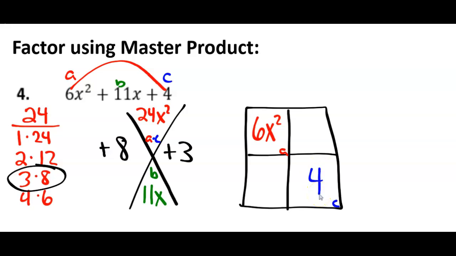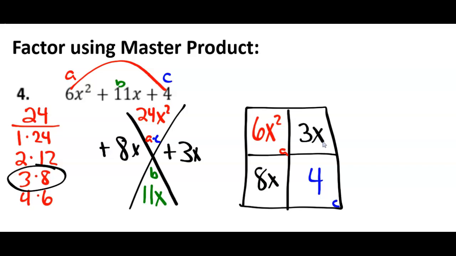Now, on my diagonal here, I'm going to put these numbers. Oh, I forgot my x's on here. So I'm going to have 8x here and 3x here. If you put your 3x down here and your 8x down here, that's okay. All that matters is that we have them diagonal to each other.